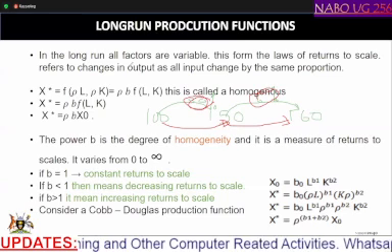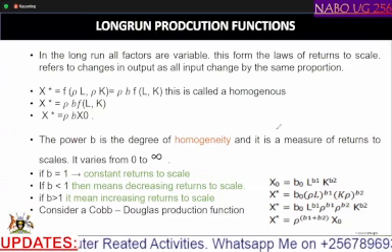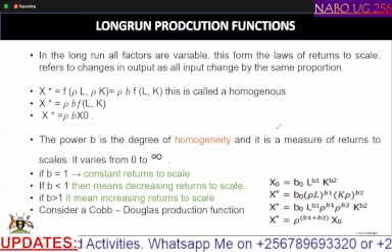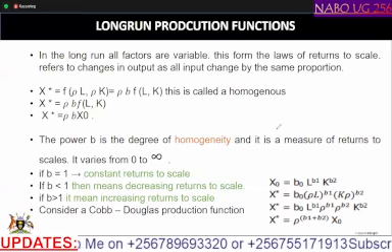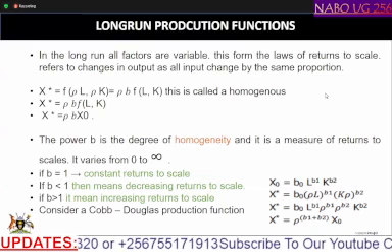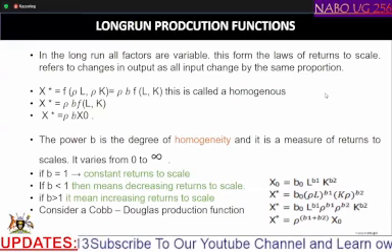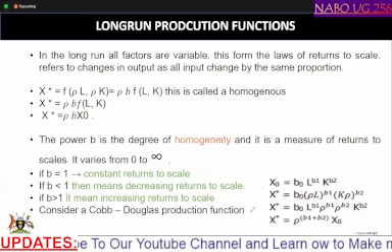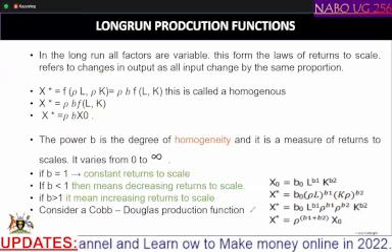Okay. Now, in the long run, we said that all factors become variable, and in that case, the farm is able to increase its output by varying all the various factors of production.